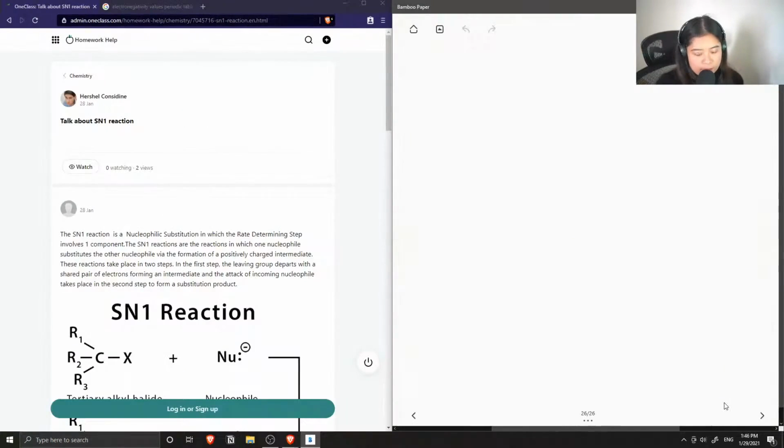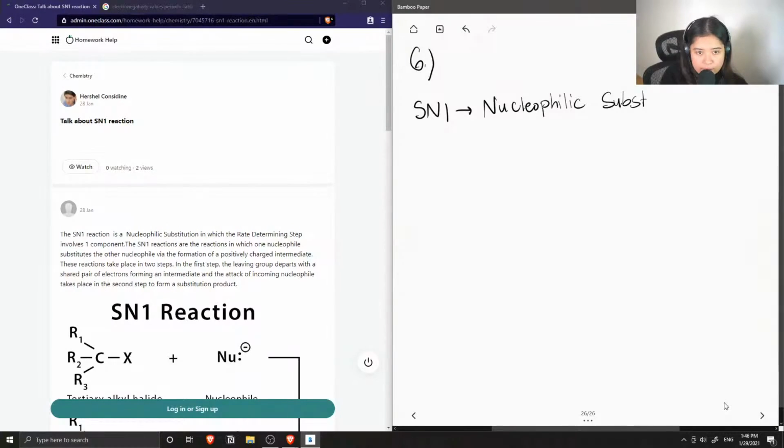Okay, so question number 6 says to talk about the SN1 reaction. The SN1 reaction is also known as the nucleophilic substitution reaction.